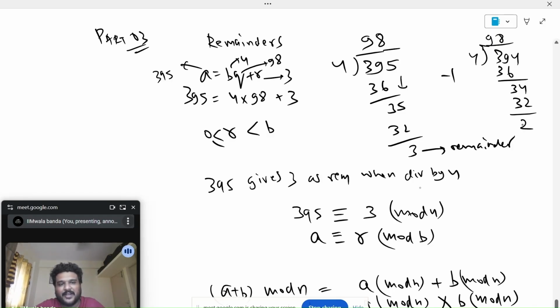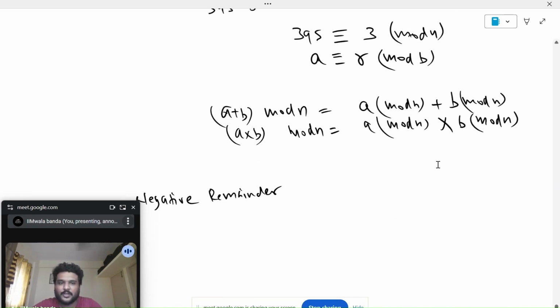So since the remainder is 2, I can say the remainder is also minus 2. 4 minus 2, right? Whatever is left to make it perfect. So this is the concept of negative remainder. Remainder is 3, but negative remainder is minus 1. Remainder is 2, but negative remainder is minus 2.